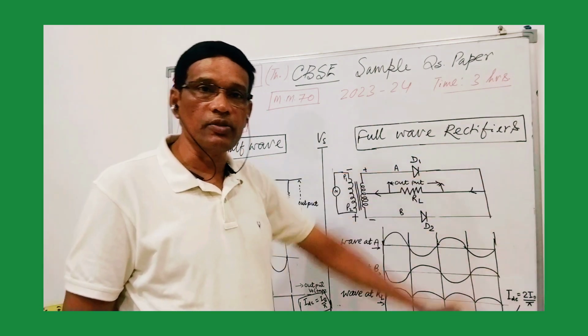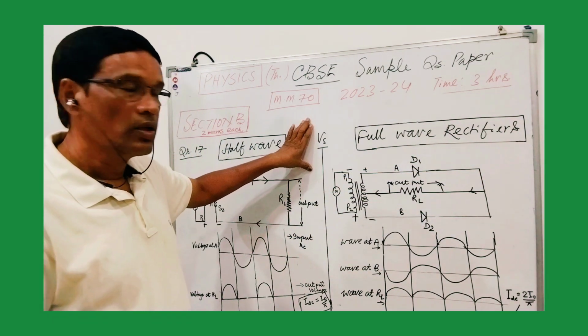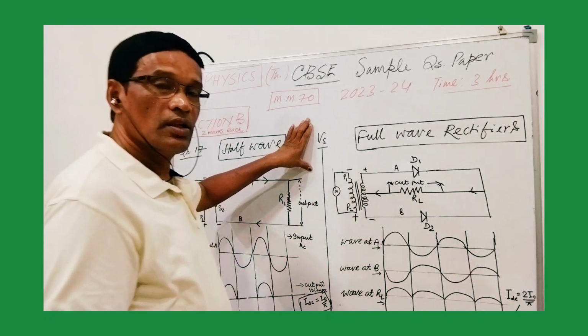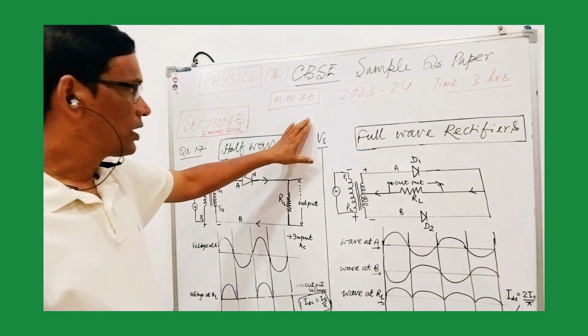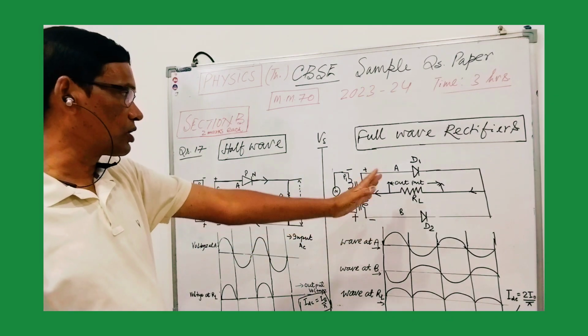For full wave rectifiers, what we do technically is we use two diodes, D1 and D2, with modifications. Quickly check out what we have done here.